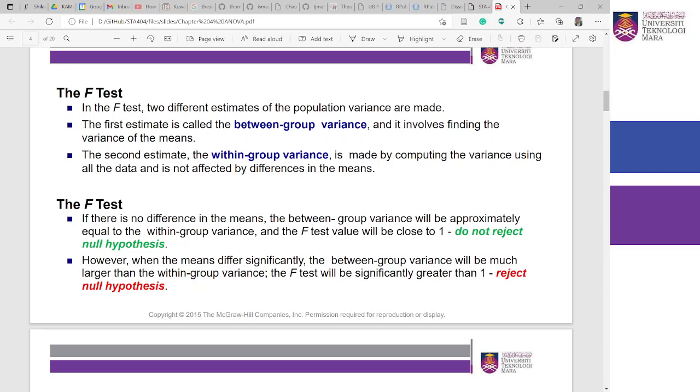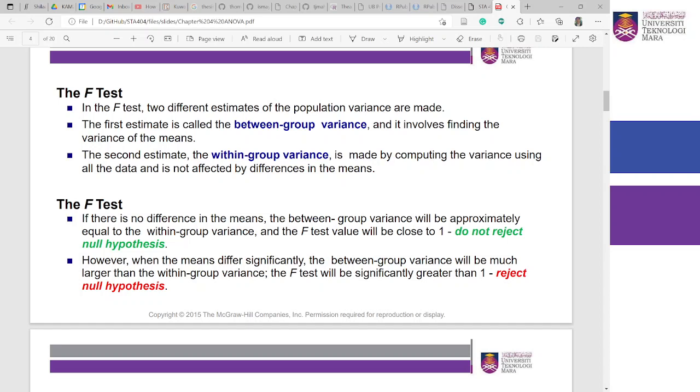Okay, in F-test, when to reject or not reject the hypothesis. Normally, when the F-test value is close to 1, you do not reject the null hypothesis. And normally, when the F-test value is significantly greater than 1, then you reject the null hypothesis. So this is the same as what we did before.